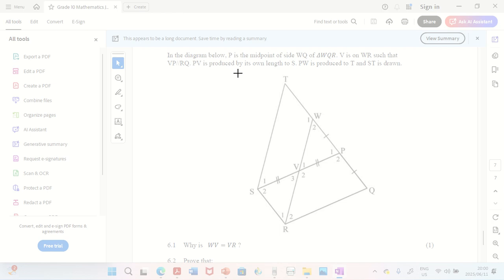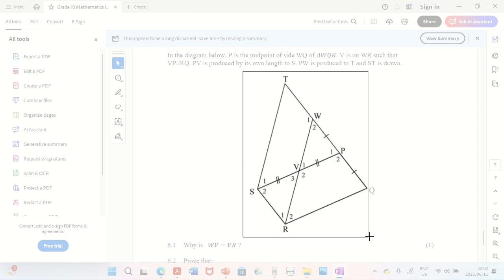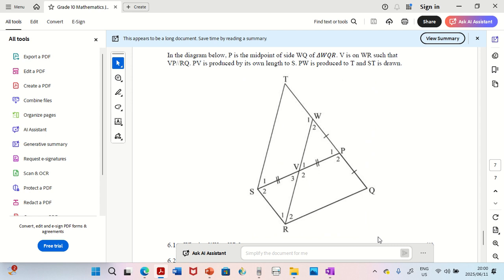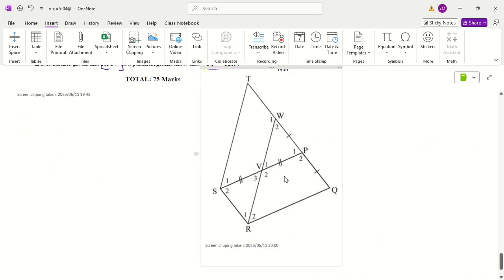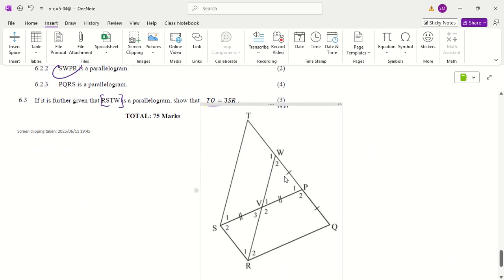Okay, so I have this shape. Let me just put a new shape here.